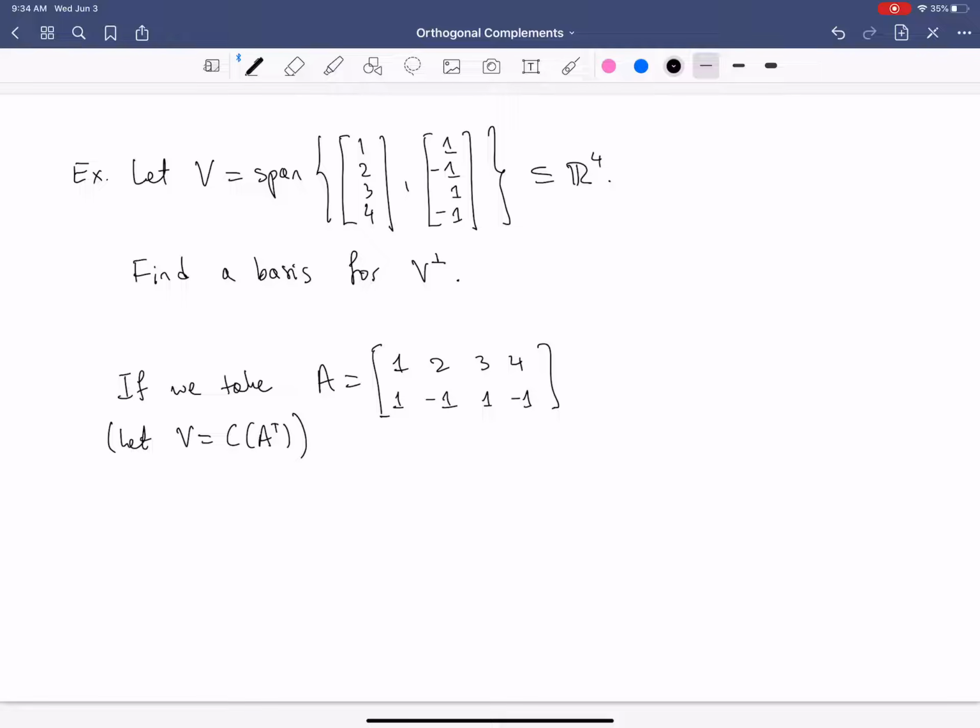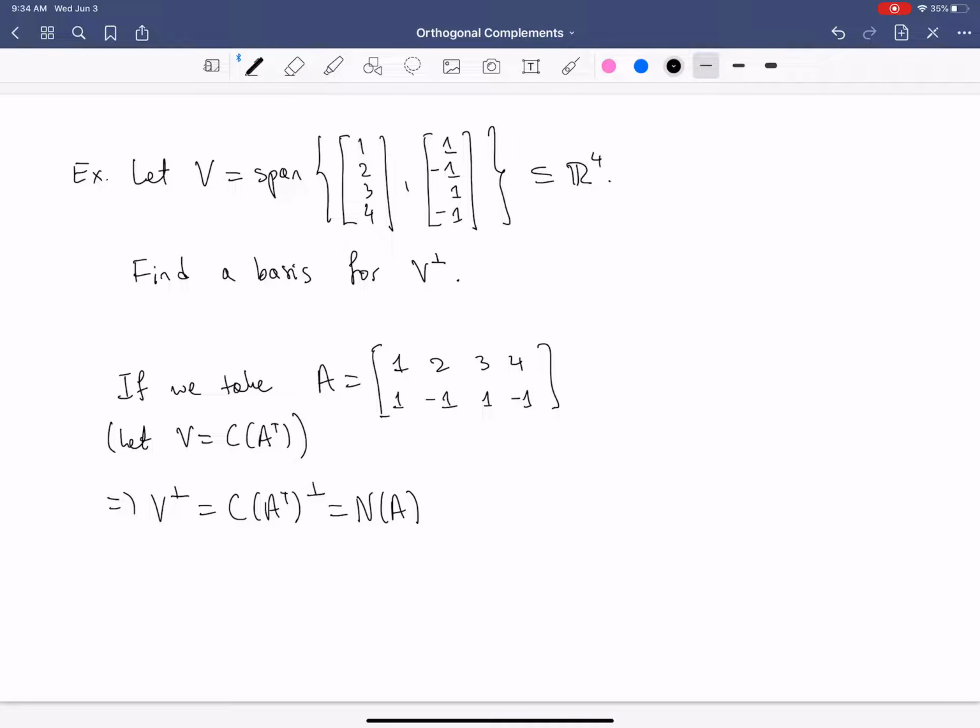Now, from the fundamental theorem of linear algebra, part 2, we know that if V is the row space of A, then the orthogonal complement is going to be the orthogonal complement of the row space, and the orthogonal complement of the row space is the null space.